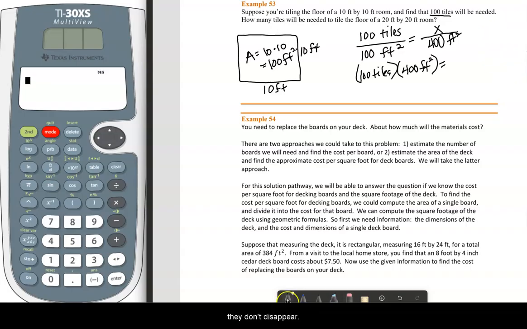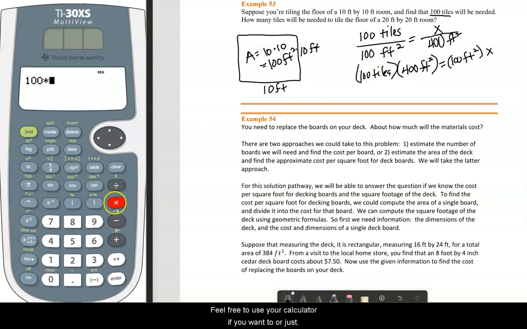They don't disappear. And then we're going to have that equal to the denominator on the left, 100 square feet, times x. So 100 times 400, feel free to use your calculator if you want to, or just move the zeros over if you're comfortable with that, is 40,000.